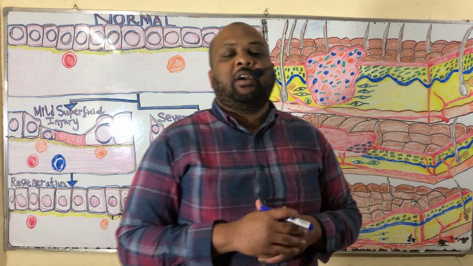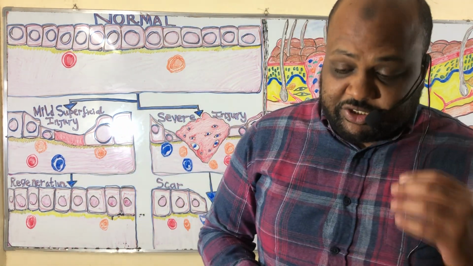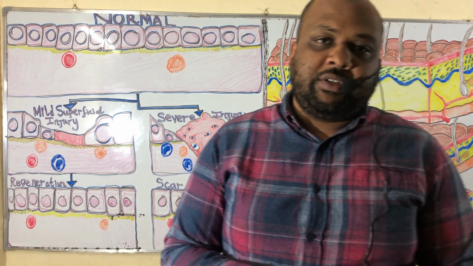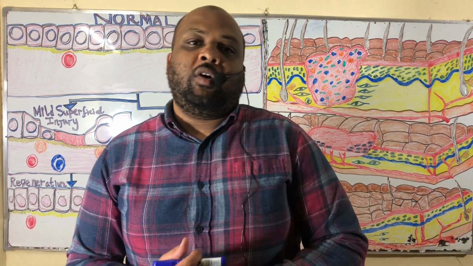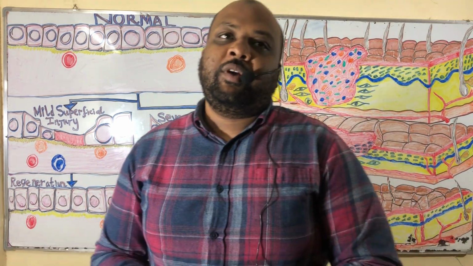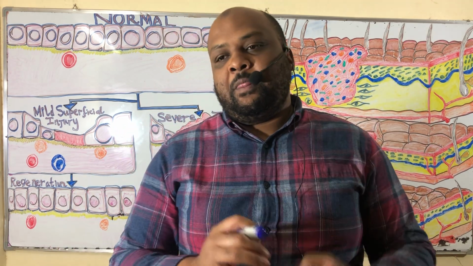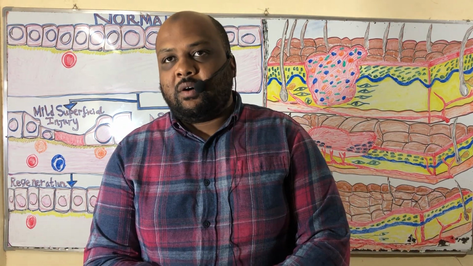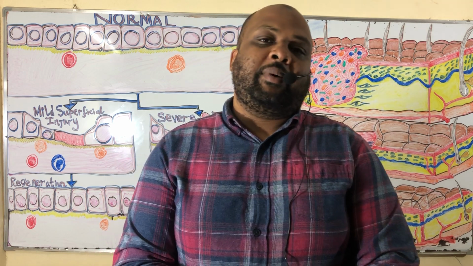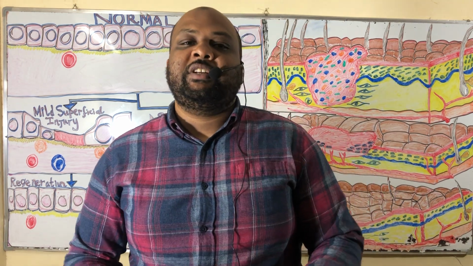So this is the topic of our discussion today. These are the two objectives of our discussion today. What are the types of healing that we're dealing with, and what are the steps that are crucial in healing by fibrosis. Healing by regeneration is very simple.